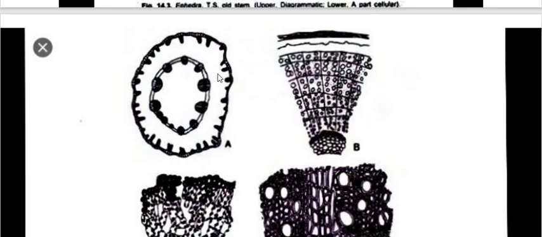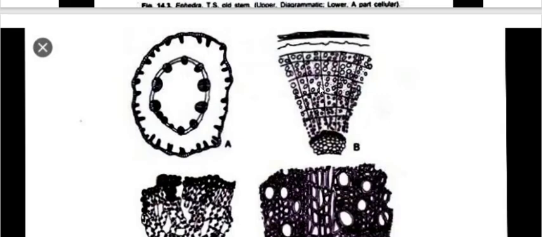You can see here again the diagrams of the young stem. Epidermis region, hypodermis below the ridges, then cortex region, endodermis, and then vascular bundles. In the vascular bundle, this is phloem, this is xylem, this is cambium ring.